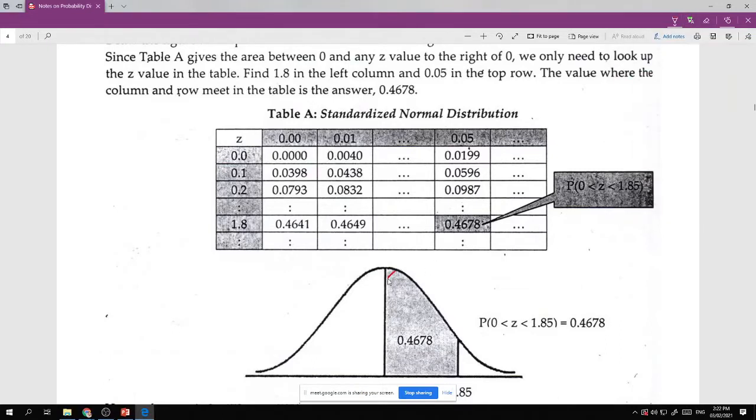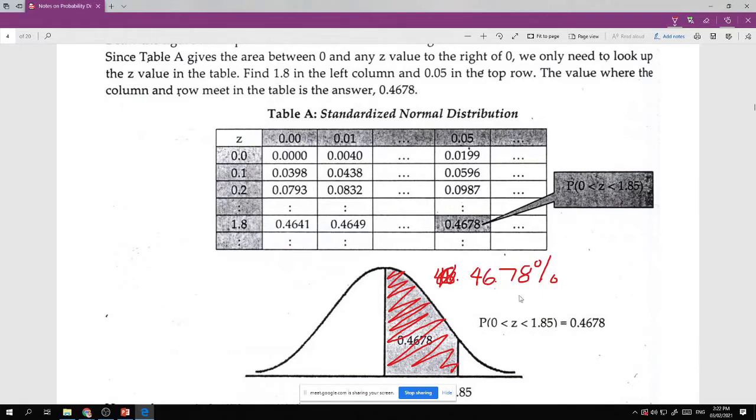This part here, this shaded part here, is 46.78%.